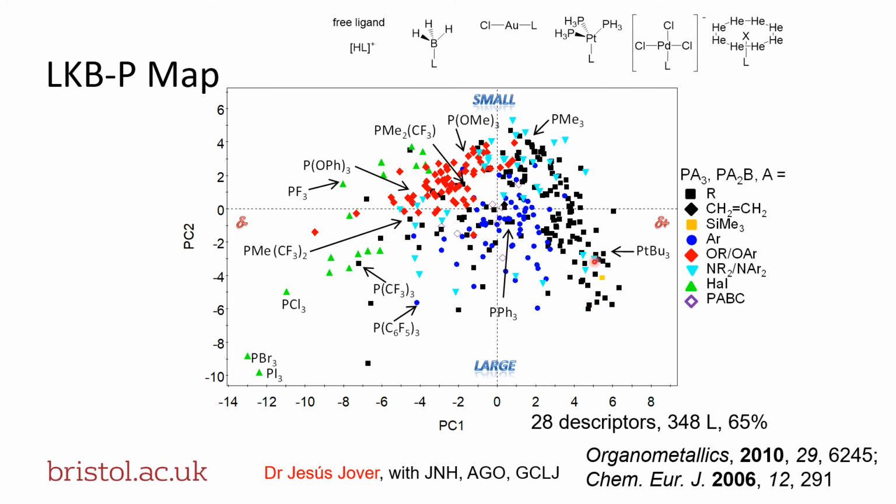So what you can then do is go in and say, okay, this system here called tri-tertiary butyl phosphine is quite interesting. Which of these systems are nearby, and can I use them to do the chemical reaction better?